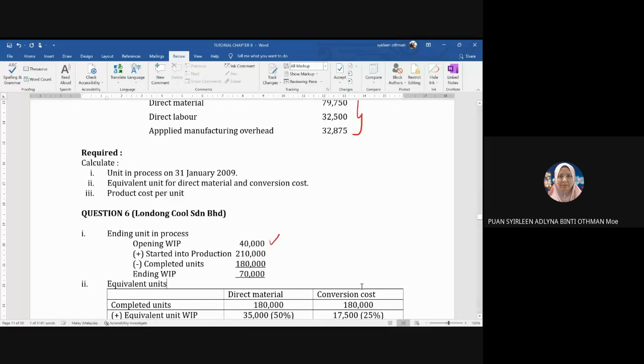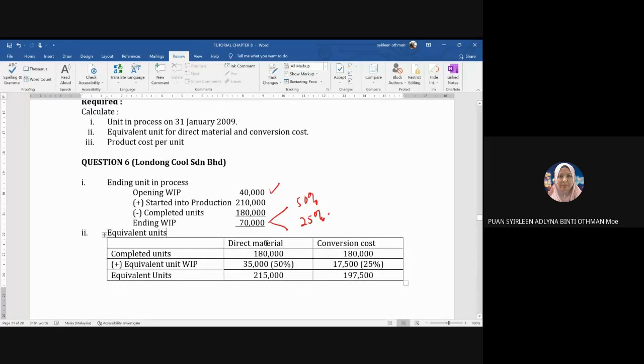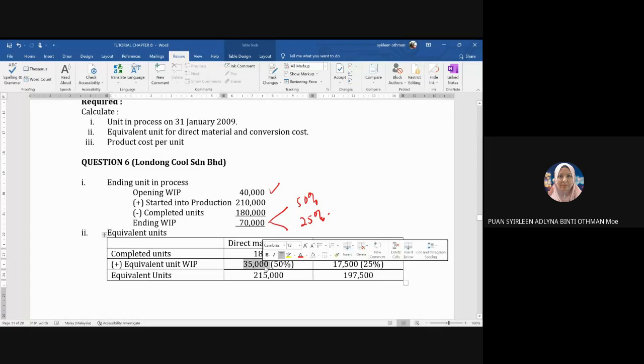Okay. So, 70,000 ni lah yang saya akan guna untuk darab percentage of completion, which is 50% and 25% tadi. Alright, so your completed unit is 180,000. Your equivalent unit, ending WIP ialah 35,000 darab 50%.